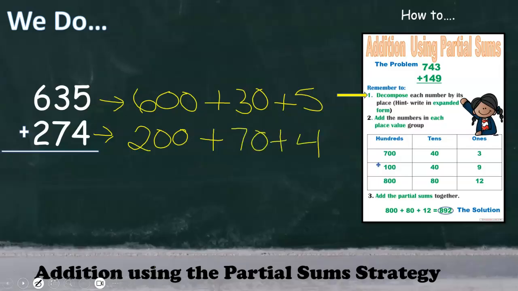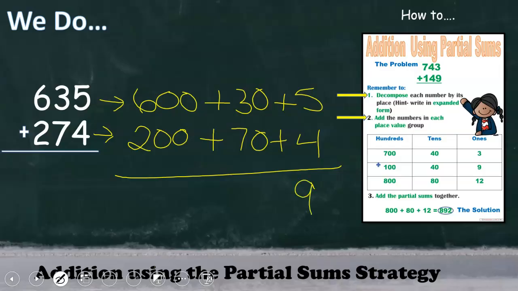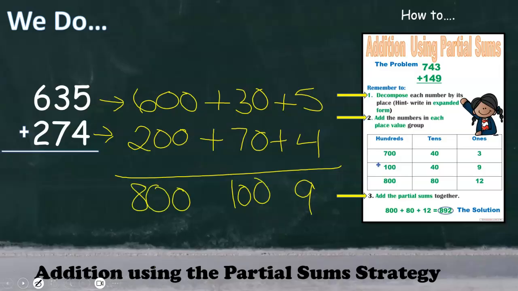Now that we've expanded each number, we're going to go to step 2, which is to add the numbers in each place value group. So I'm going to add the ones, 5 plus 4, 9, 30 plus 70, 100, 600 plus 200, 800. And our last step, add the partial sums. So I'm going to add 800 plus 100.